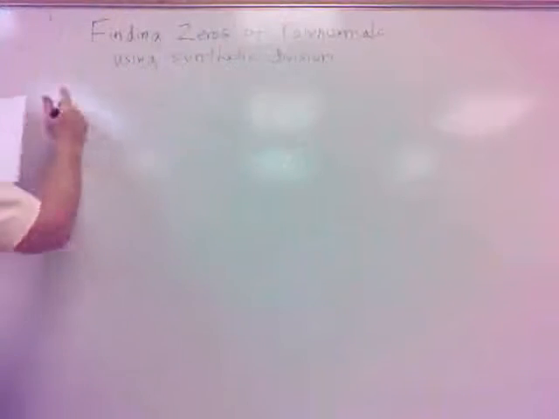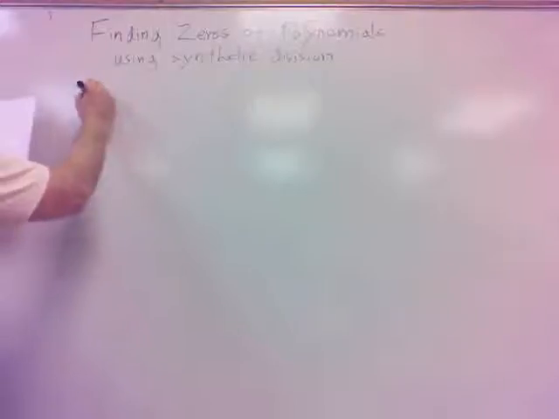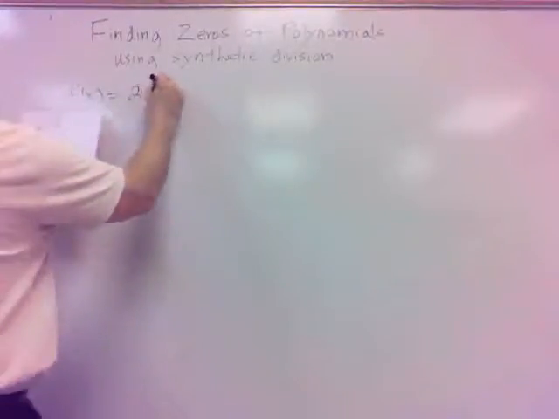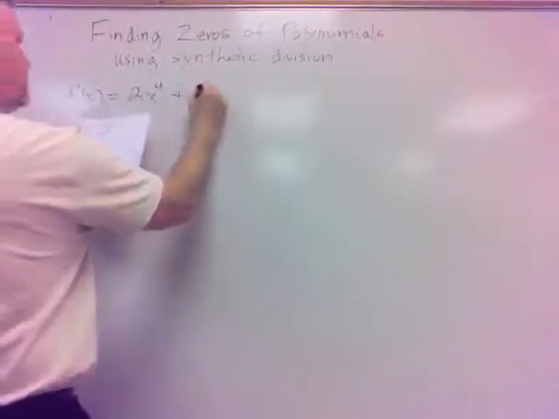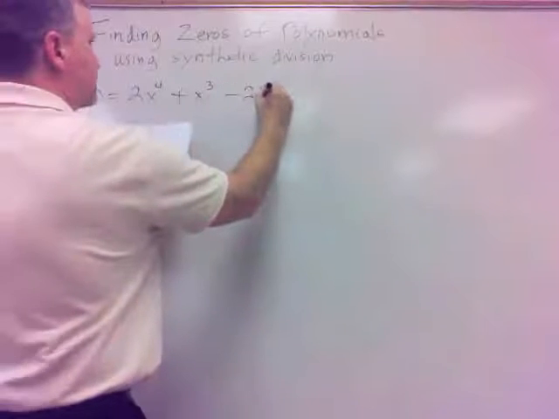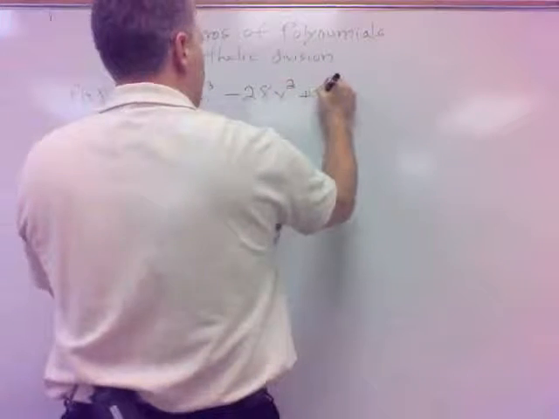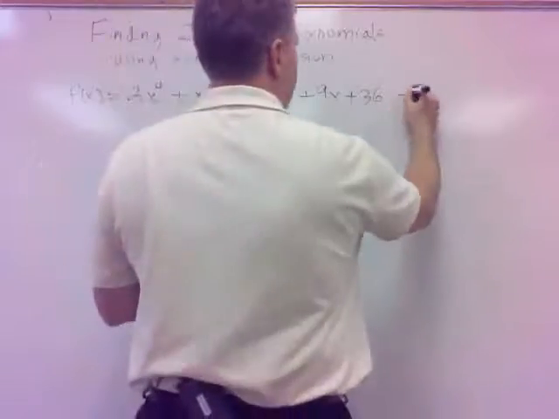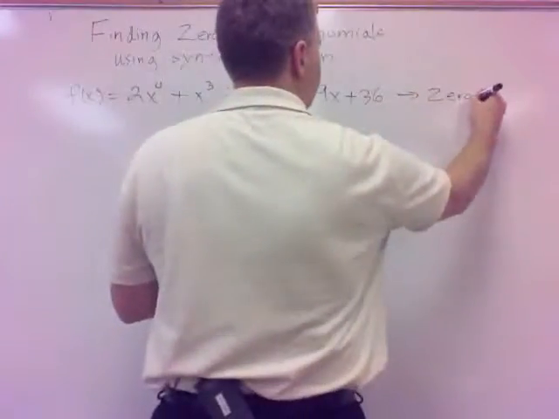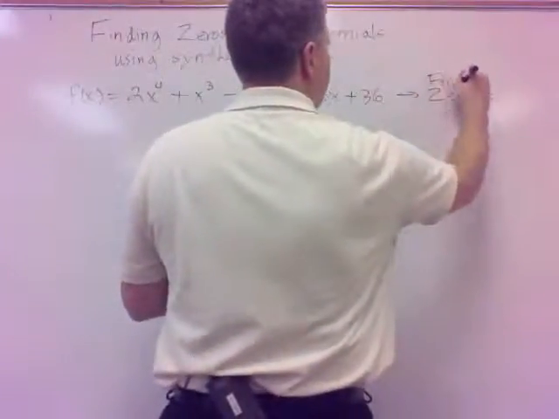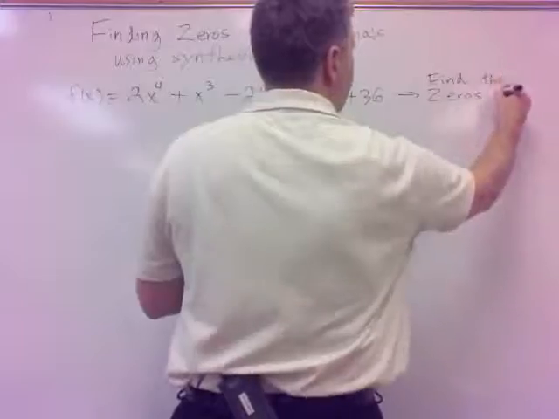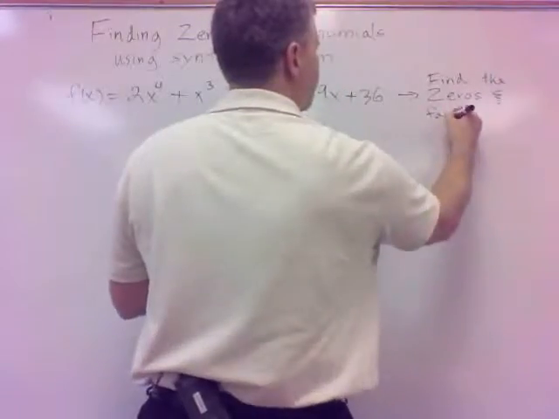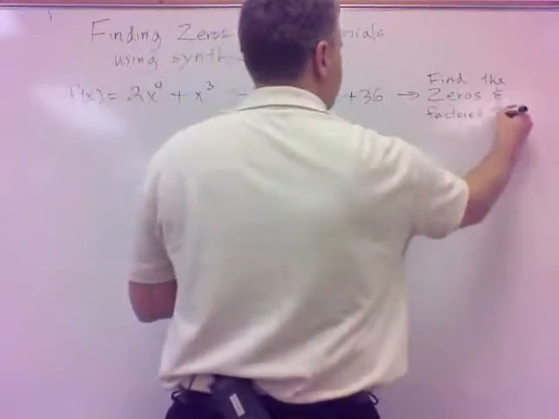All right, f of x equals 2x to the fourth plus x cubed minus 28x squared plus 9x plus 36. So let's find the zeros and factored form all together here.